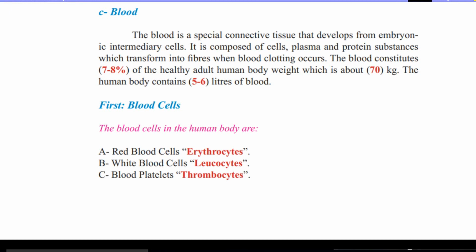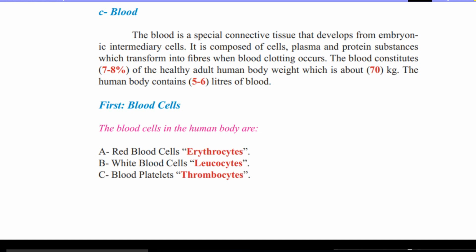We have studied that there are 4 special connective tissue types: cartilage tissue, bone tissue, blood tissue, and lymphatic tissue.